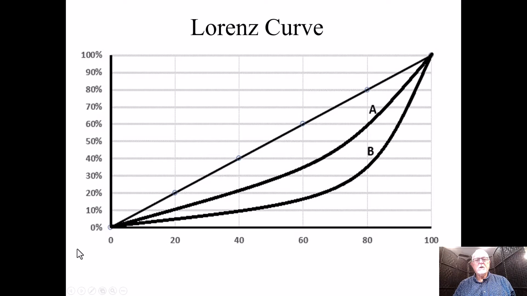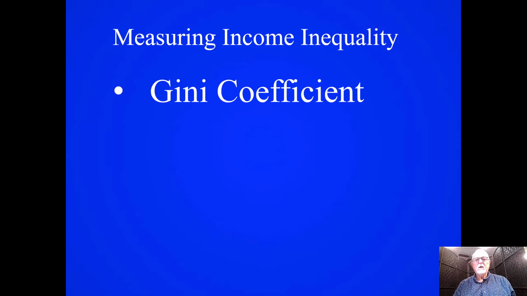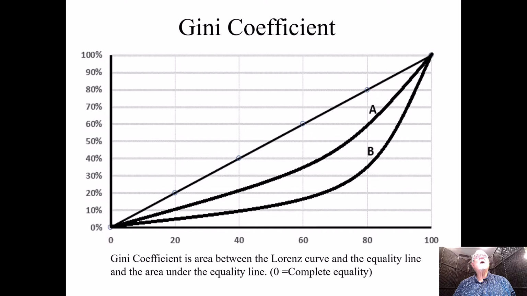Now we can take that concept also and come up with a calculation called a Gini coefficient. The Gini coefficient is just the size of the gaps here. So it's the area between a particular Lorenz curve like A and that perfect equality line.